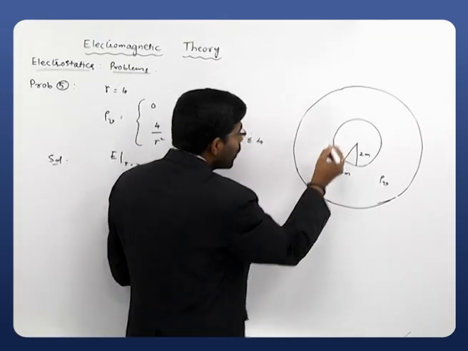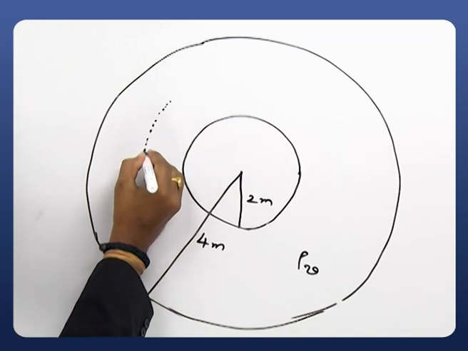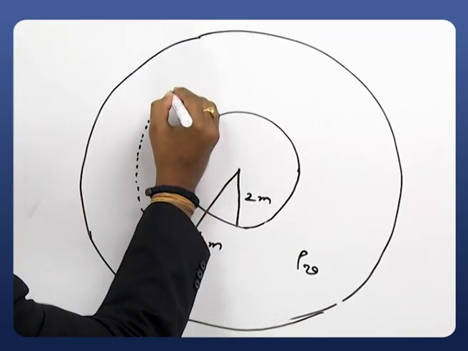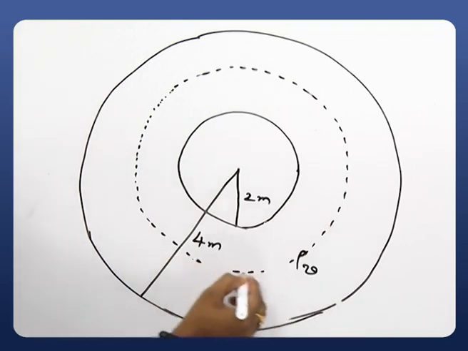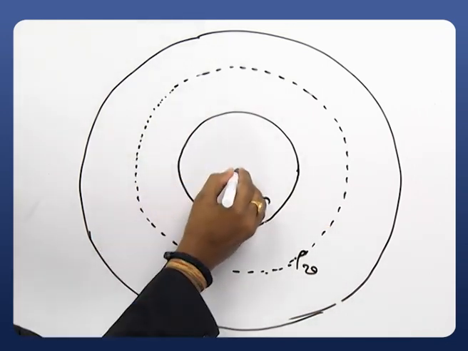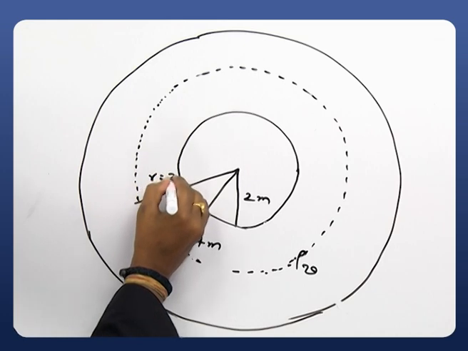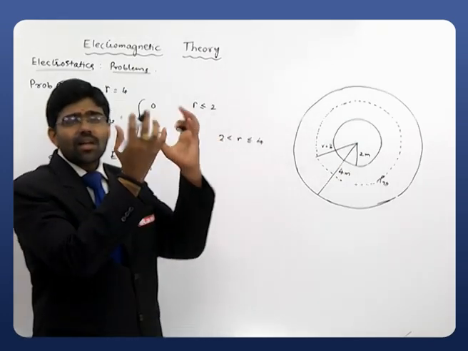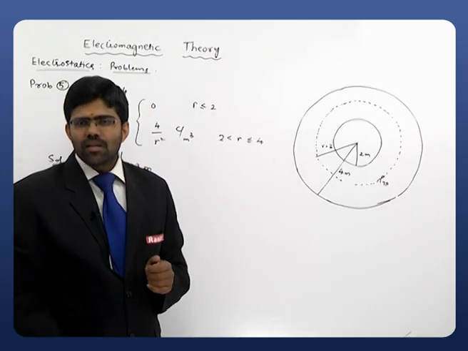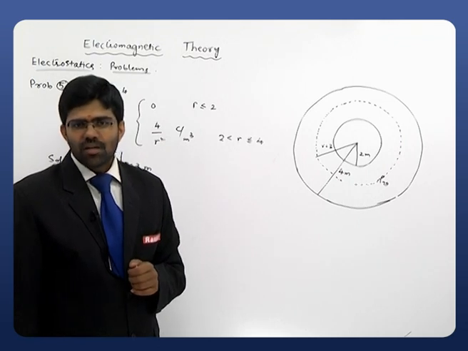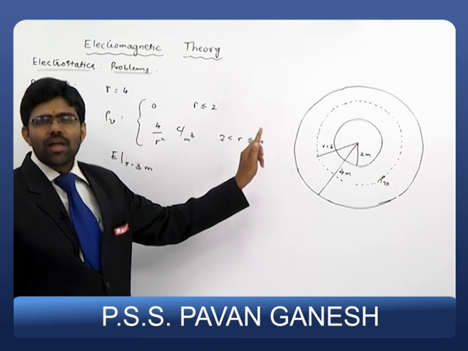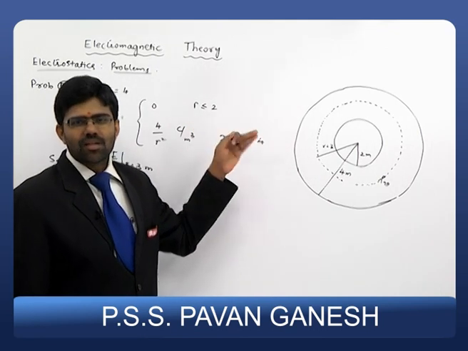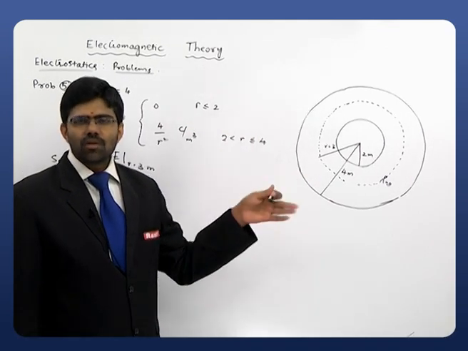Now we have to calculate the electric field intensity for r equals 3 meter distance. So I will take this r equals 3 meter sphere. Exactly at the r equals 3 meter sphere we are supposed to calculate our electric field intensity. As I said, our Gauss law is very useful here, whether it is electric field intensity or electric flux density or whatever it may be.